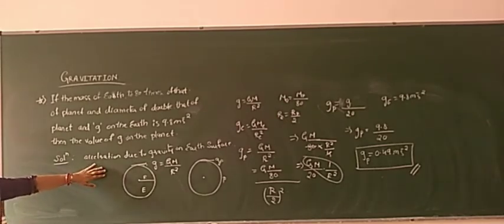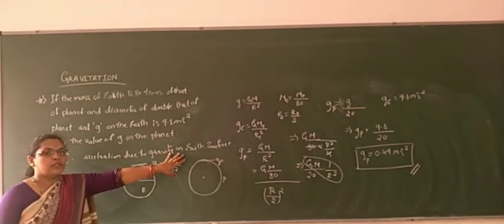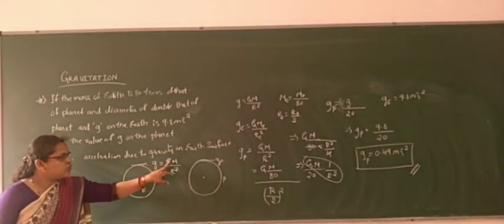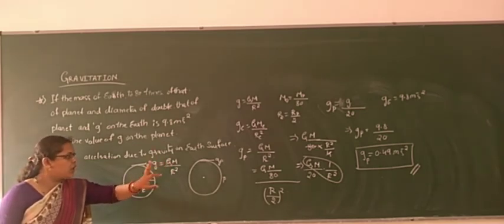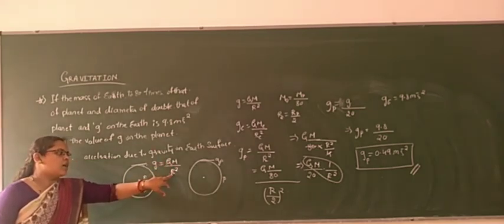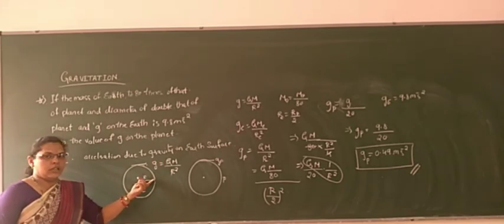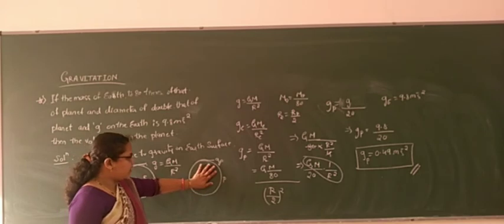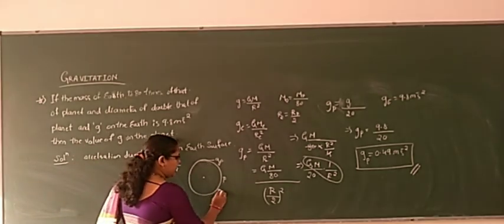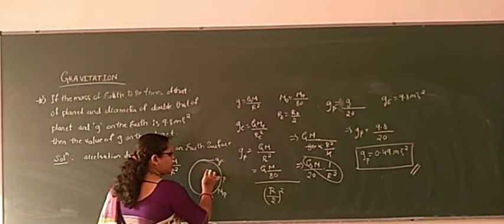As we know, acceleration due to gravity on the surface of the earth is g equal to GM by r square, where G is the gravitational constant, M is the mass of the earth, and r is the radius of the earth. The same concept is applied for the planet here. For the planet we have a mass of the planet and a radius of the planet.